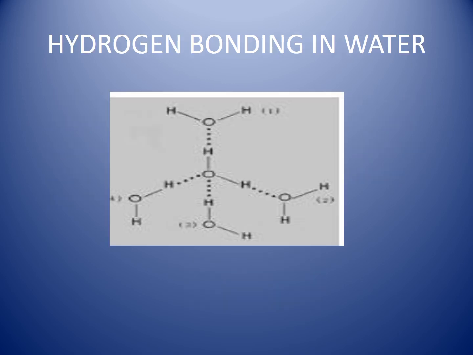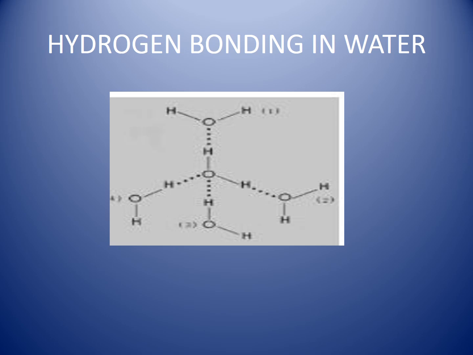This is the picture of hydrogen bonding in case of water. Hydrogen bonding is present in water. One water molecule has one oxygen atom and two hydrogen atoms covalently bonded, whereas the oxygen atom has two lone pairs of electrons.